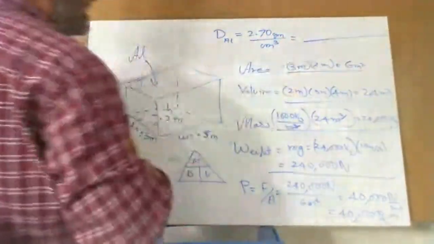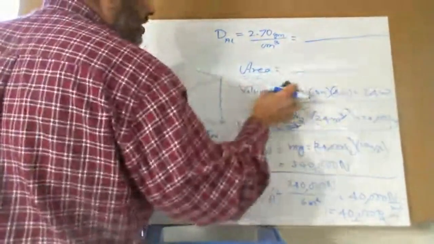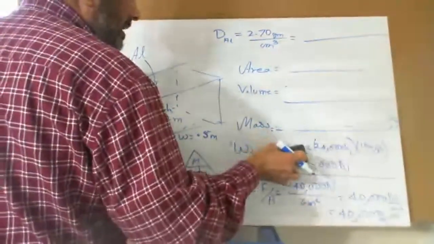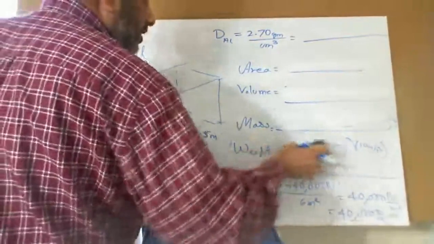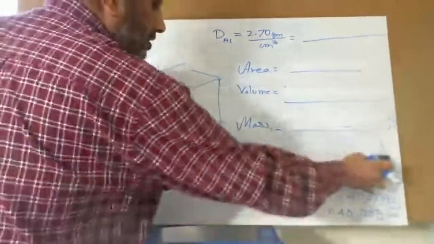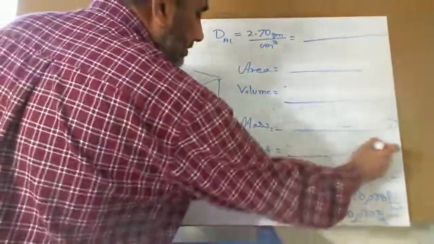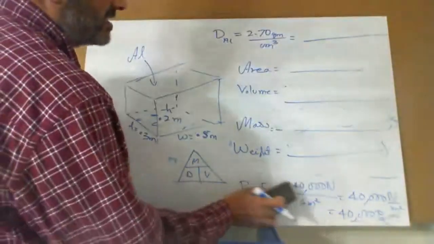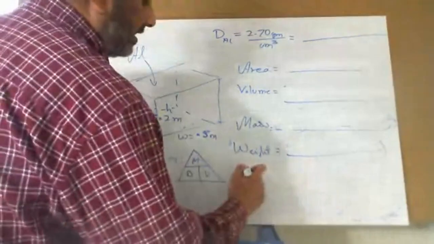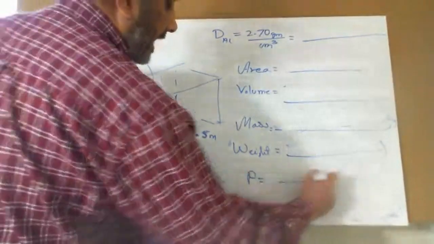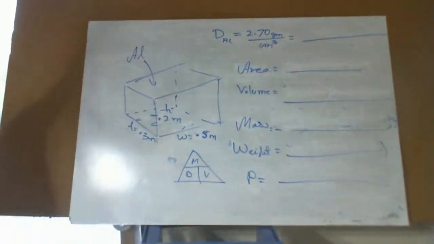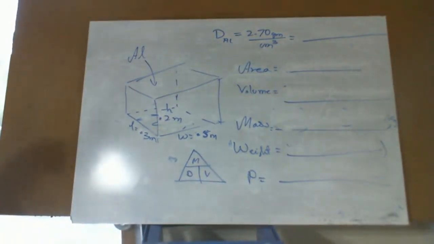So you'll be given this in the exam. You'll be asked to find the area, the volume, the mass, the weight. Okay, so you'll be asked to find the weight and hence the pressure at the bottom. So after all of this, you'll be asked to find what is the pressure at the bottom here. What is the pressure, right?